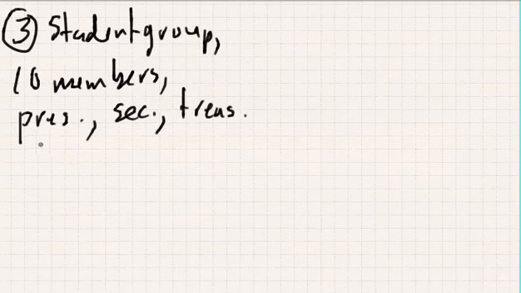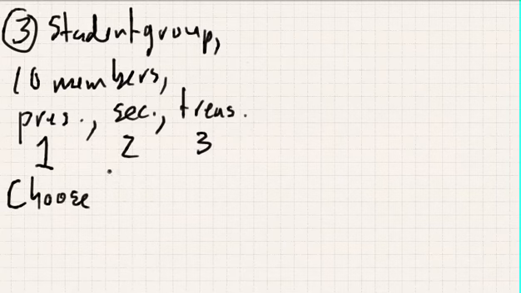Well, we can assume that the order of voting, I choose the president first, then we vote for the secretary next, and then we vote for the treasurer third. So really, I'm choosing 3 people out of 10, and the order matters because of the order that we're voting for them. So we're really choosing k equal to 3 people out of n equal to 10.